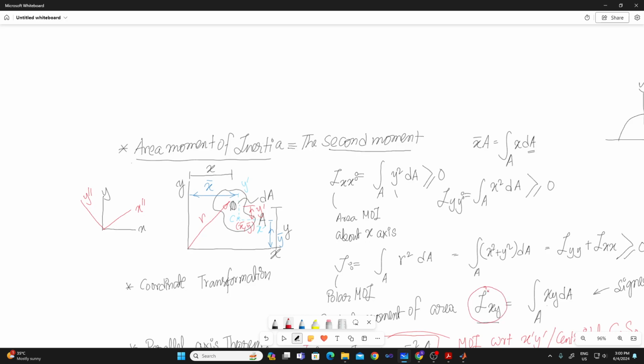So yes, this quantity has its uses, but we are skipping it for now. We are not discussing the utility of Ixy in giving us the moments of inertia in a rotated coordinate system.